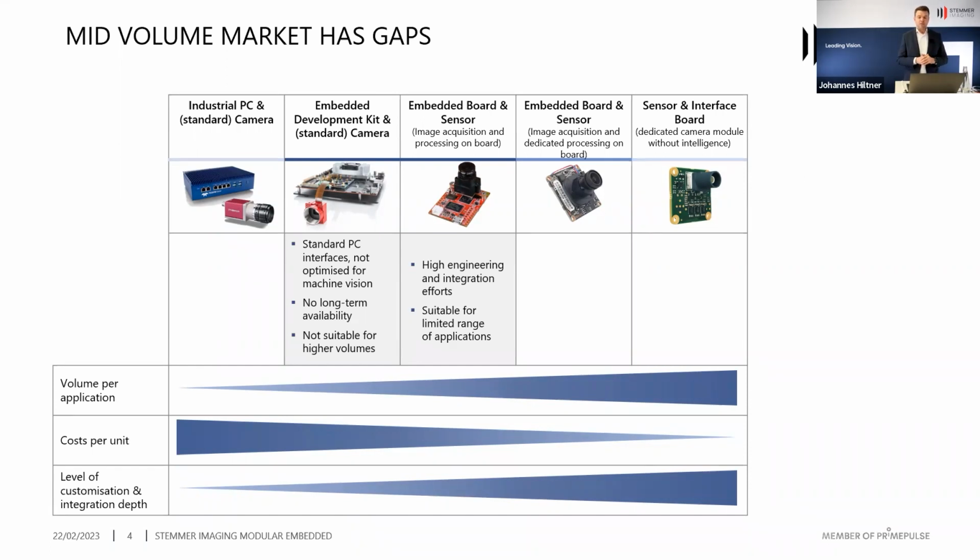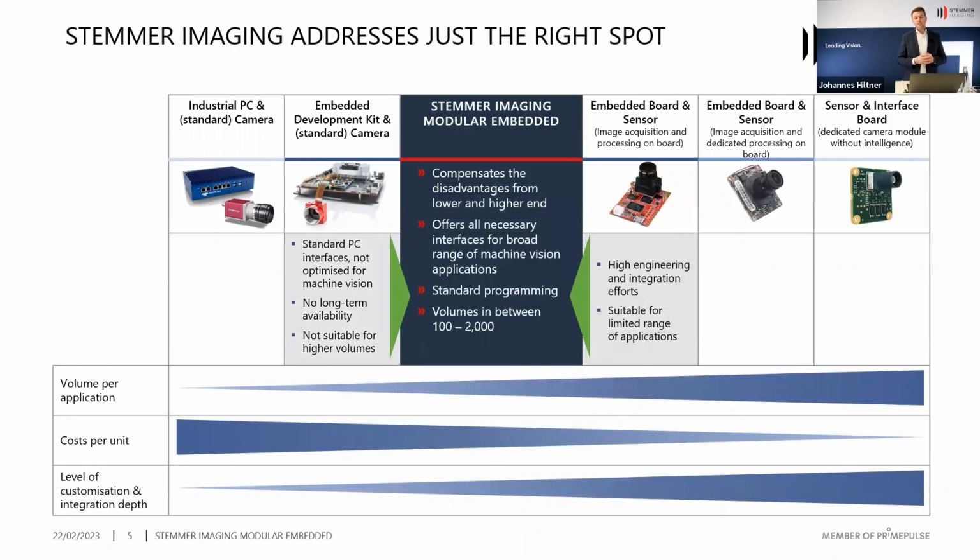So exactly in between those two rows, we see a perfect fit of our STEMMER Imaging modular embedded ecosystem, as our offering compensates for the disadvantages from both sides, one from the lower side, also from the higher end side, because this board offers all necessary interfaces for a very broad range of machine vision applications, and more about that in just a second.